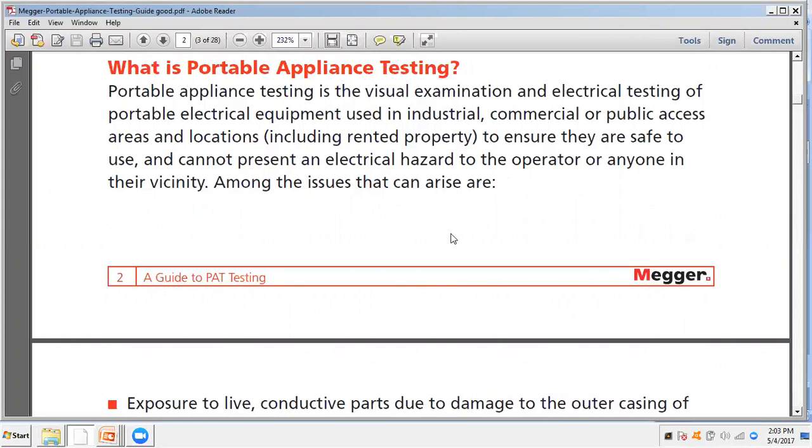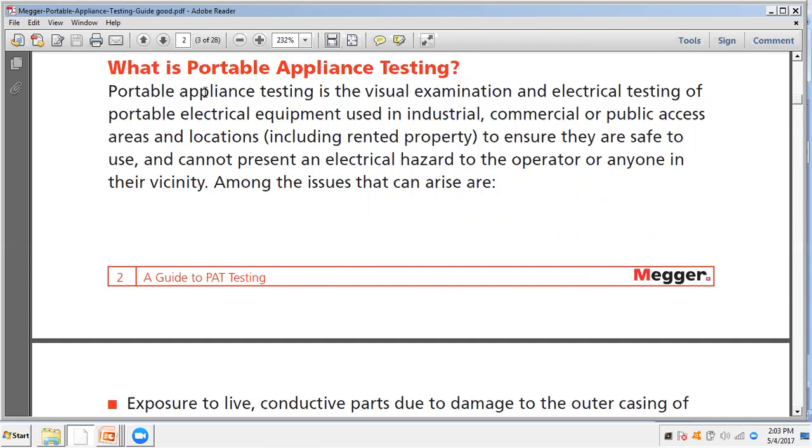It is used generally in industry or any organization where a large number of employees are working. For the health and safety of employees and people who are working around, we perform portable appliance testing, which is applied on all the electrical equipment which may be hazardous for the health of human beings.